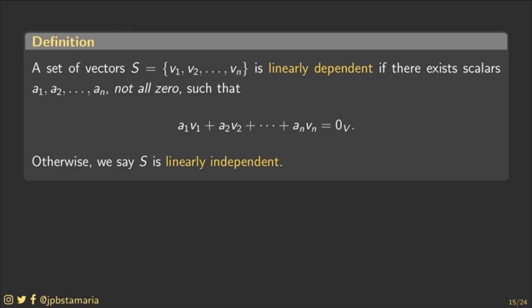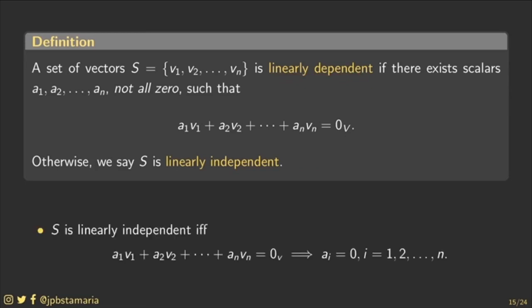If the only way for this equation to be 0 is to set all of these ai's to 0, we say that the set S is linearly independent. As you can tell, that is the negation of what we mean by being linearly dependent. Okay?